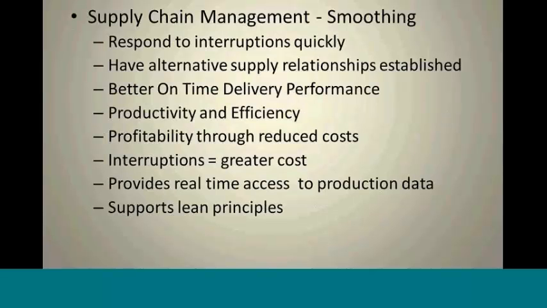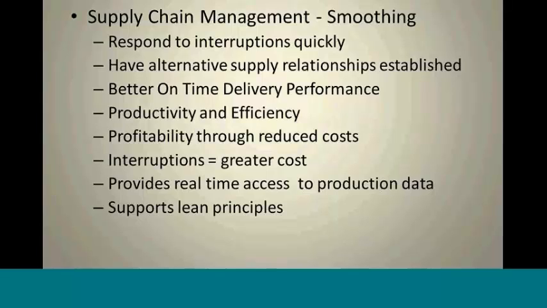It also allows you, by having all the alternative vendors established, to quickly go to those relationships and get the merchandise in that you need, and that helps you smooth it out. It also helps create better on-time delivery performance. Think about it. The earlier you get involved in the cycle where there's a disruption, the better chance you have of recovering and delivering something on time.